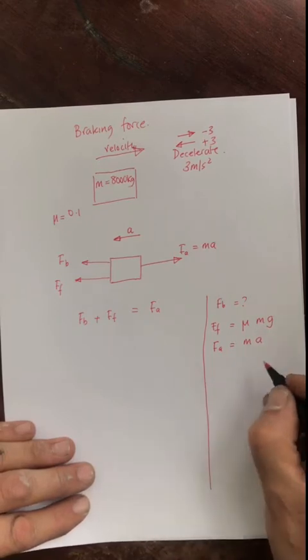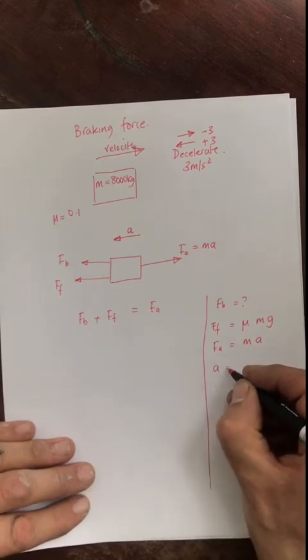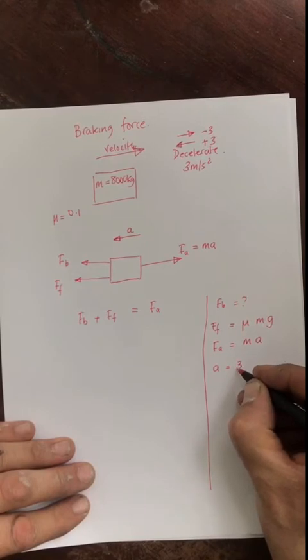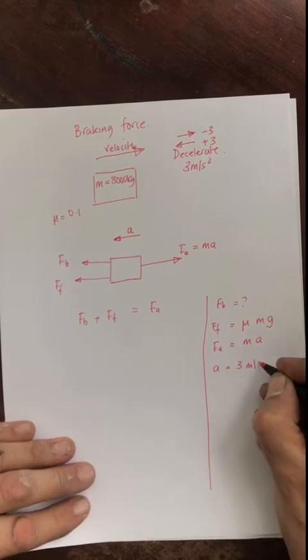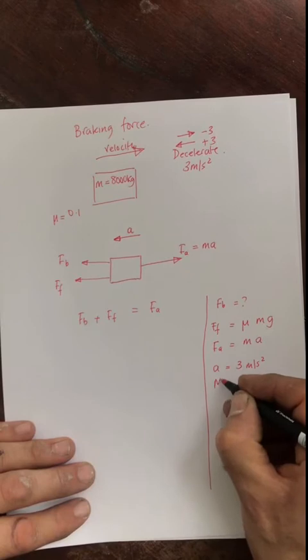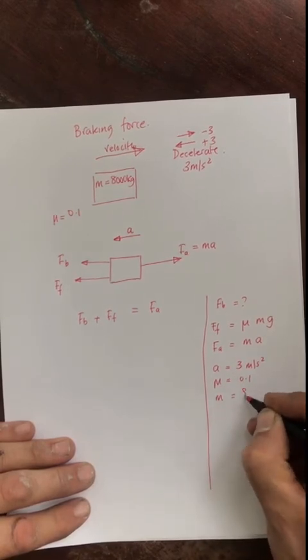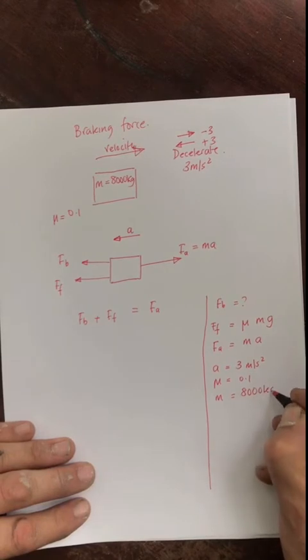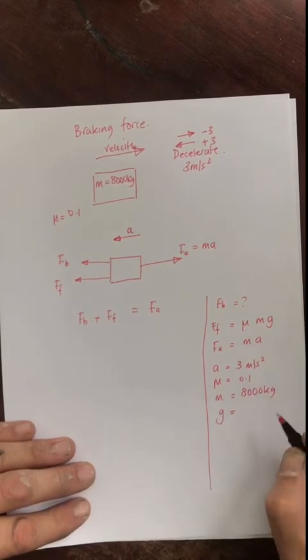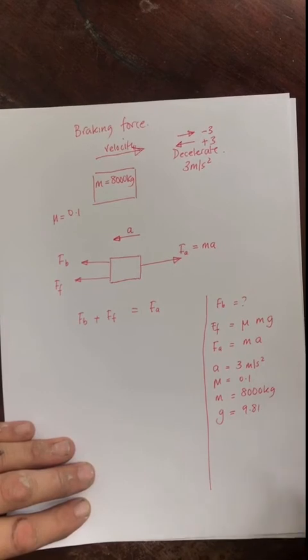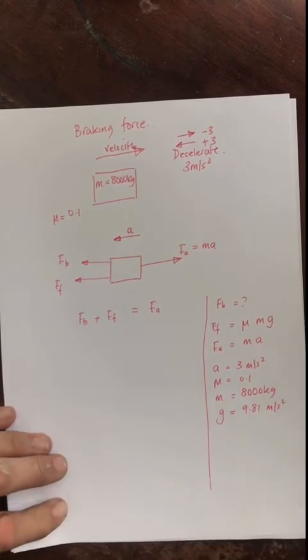So what else can we know? Well, we know that A is going to equal 3 in this instance, meters per second squared. We know that mu is going to be 0.1. We know m is going to be 8,000 kilograms, and we know g is going to be 9.81 meters per second squared, or whatever you want to put it in.